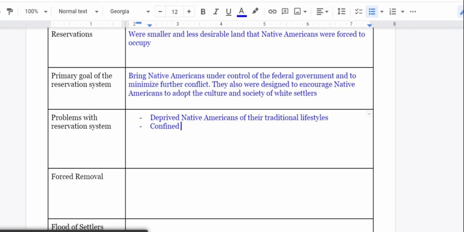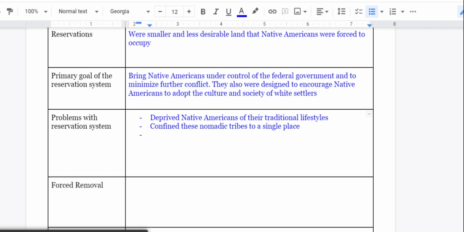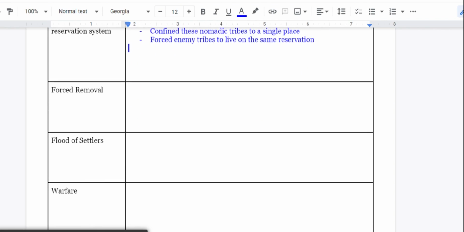And the government confined these nomadic tribes to a single place, which they were not used to and did not know how to adapt to. And another major issue is that they actually forced enemy tribes to live on the same reservation, which caused many conflicts within those reservations, right?